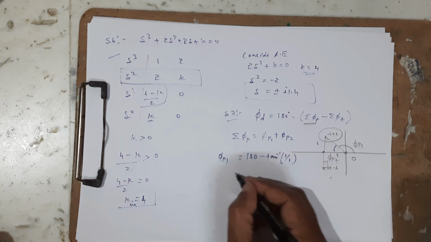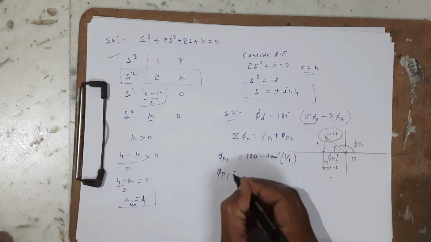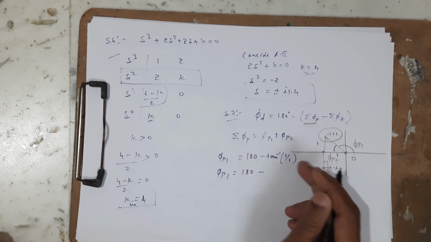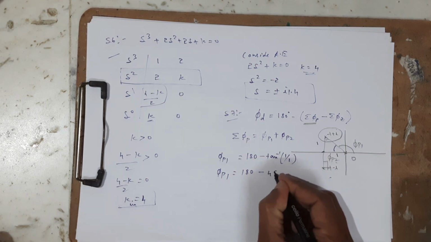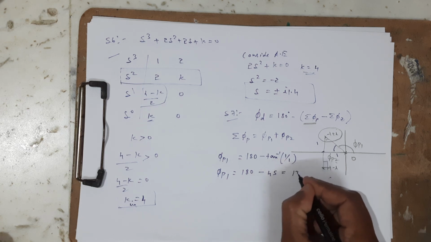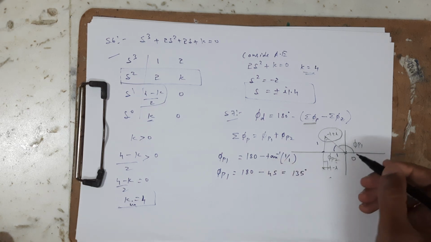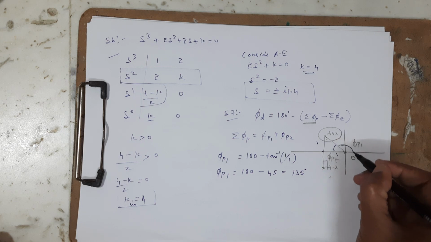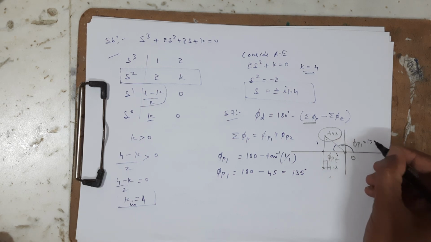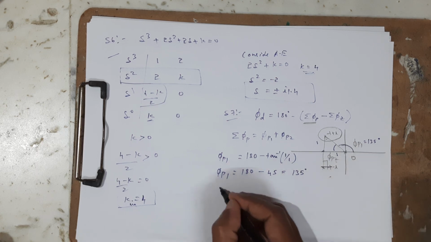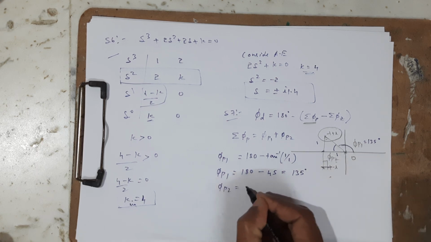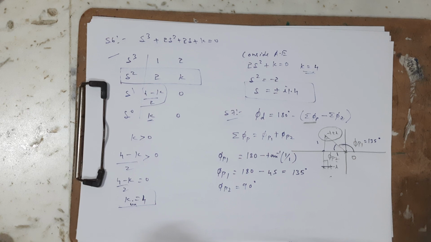So phi p1 is equal to 180 minus tan inverse of 1 by 1, that is 45 degree. So I am going to get 135 degree. So phi p1 is 135 degree. Now from this, what is phi p2? Phi p2 is equal to 90 degree.